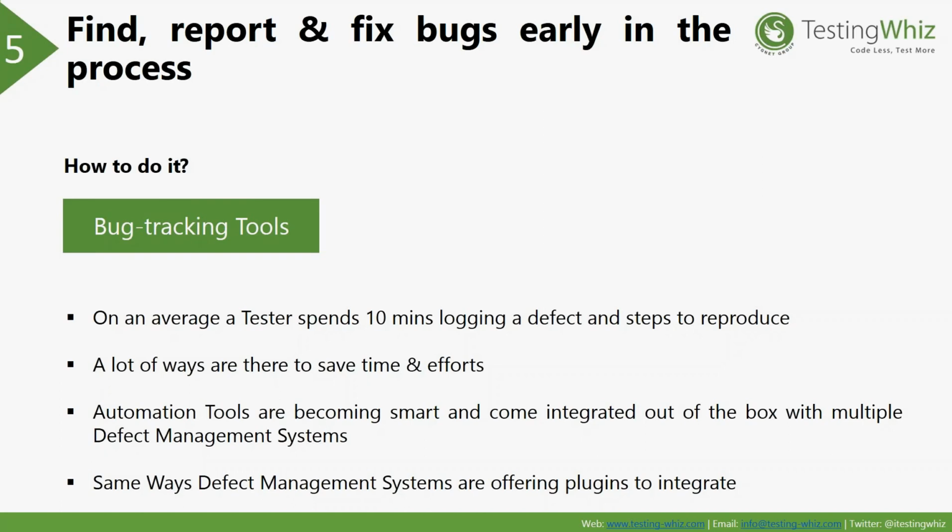So if I am a tester and I log at least 2 defects per day after I run my execution or automation scripts, which is a very, very low average, I would spend about 20 minutes a day, more than 100 minutes a week, and maybe 400 minutes per month, which would come out to somewhere around 6 to 7 hours, or six and a half to be precise, of work each month.